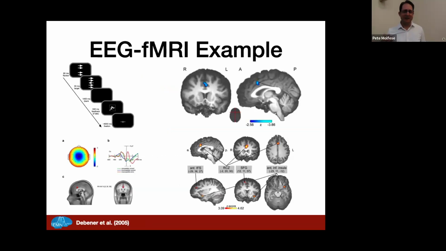I want to give a few examples just to put some concreteness to this. So here's a very classic, and I know it's a very old paper, but it's classic for a reason. Devner in 2005 did a set of separate experiments, EEG and fMRI, and were able to show in this flanker task, where you have to push a button that indicates the direction of the middle arrow, and sometimes it's easy because all the arrows are going in one direction, congruent.